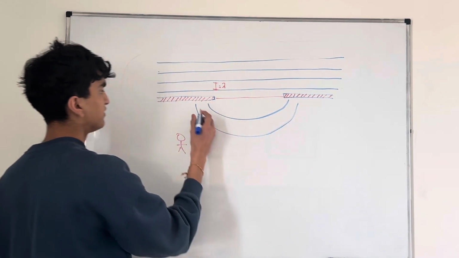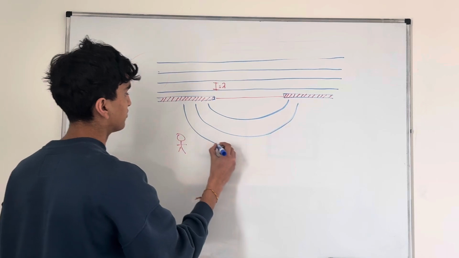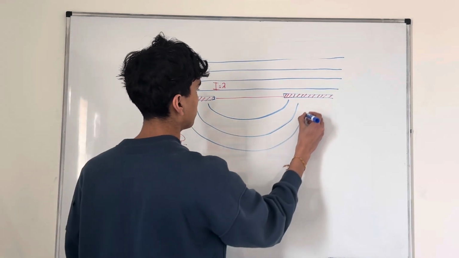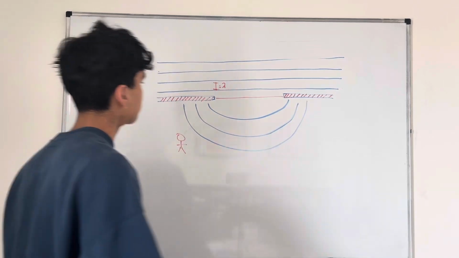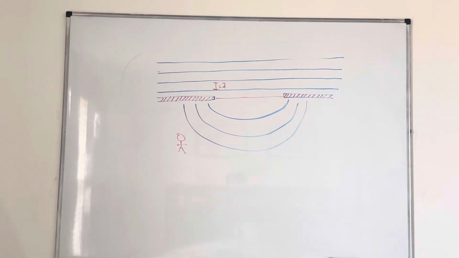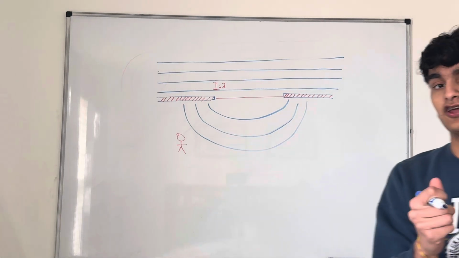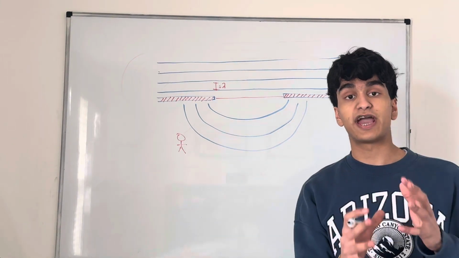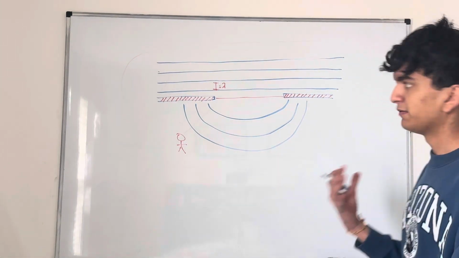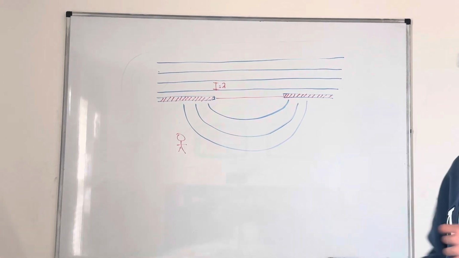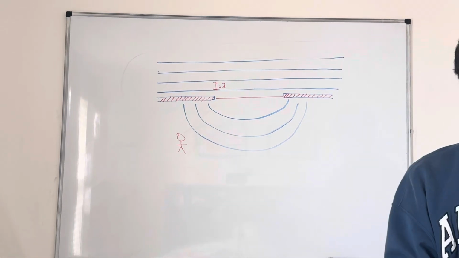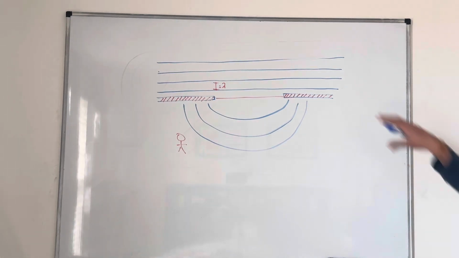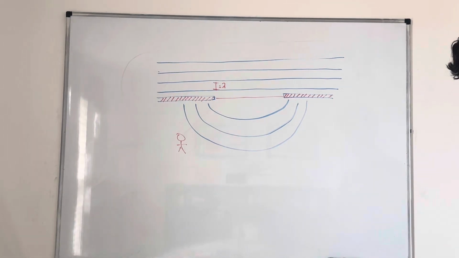You get sound waves that sort of spread out, and this person will definitely be able to hear these sound waves. And this is a really interesting phenomenon known as diffraction. So diffraction, people sometimes call it the bending of waves when they hit obstacles. This is like an obstacle, an object, right?